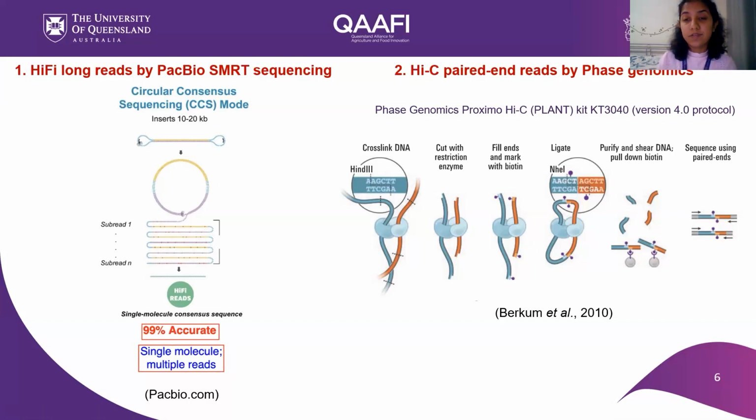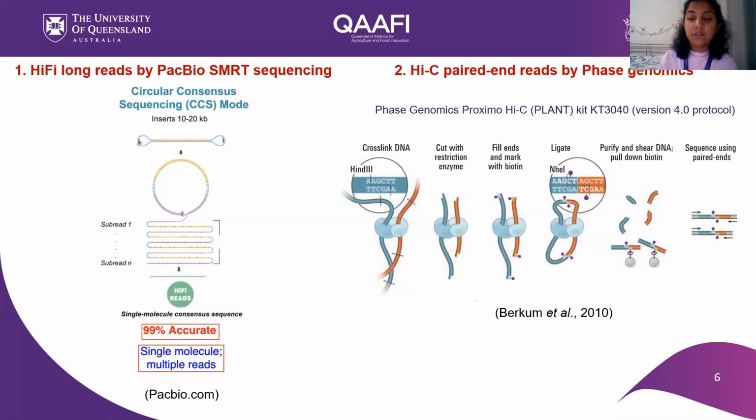Then these DNA fragments are sheared, and only the DNA fragments containing these internal biotin tags are pulled out using streptavidin beads. Then the sample is purified such that it is primarily composed of hybrid DNA strands containing informative contacts. This DNA is then subjected to massively parallel paired-end Illumina sequencing, finally generating paired-end Hi-C reads.